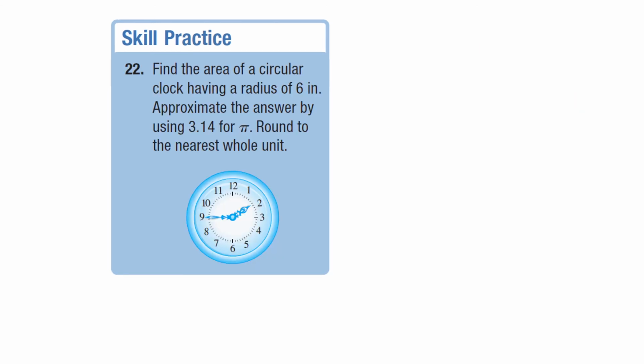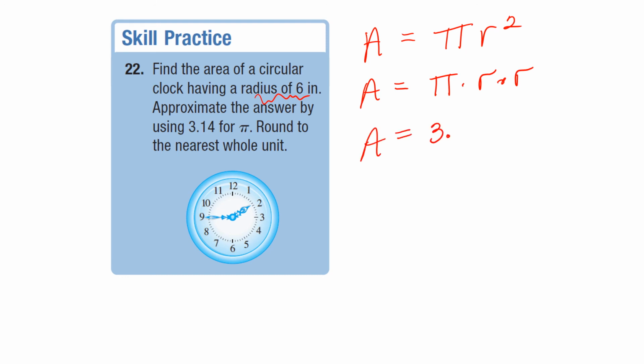Here we're asked to find the area of a circular clock, and the radius of the clock is 6. And the formula for area of a circle is pi r squared. And we could also say that's pi times the radius times the radius. And the radius is 6. So we're using 3.14 times 6 times 6, or 3.14 times 36.